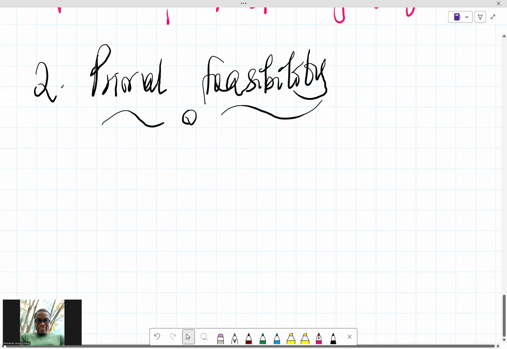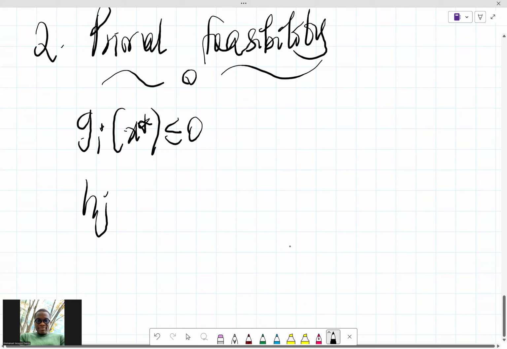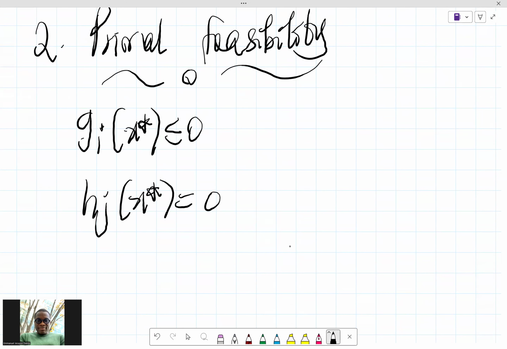Primal feasibility tells us that gi of x star would always be less than or equal to 0, and hj of x star will also always be equal to 0. So that's the primal feasibility.